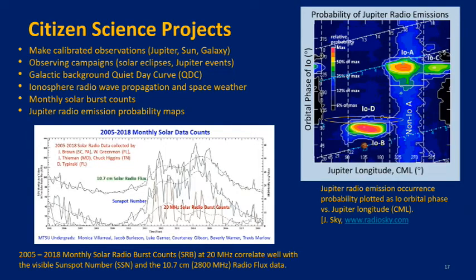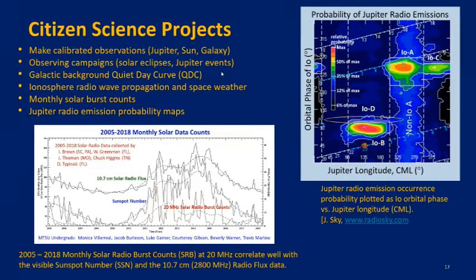And so you can see the monthly averaged sunspot numbers, monthly averaged 10.7 centimeter radio data, and then the Radio JOVE solar radio burst counts, how they compare over the long term.